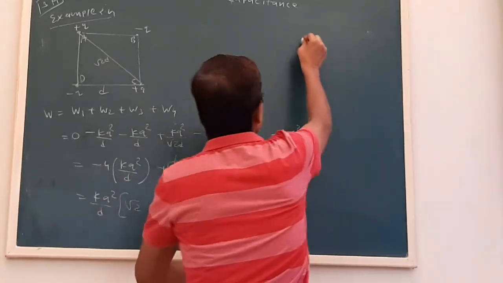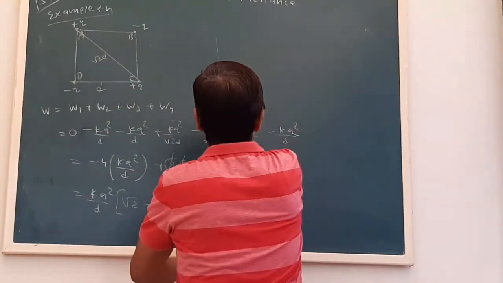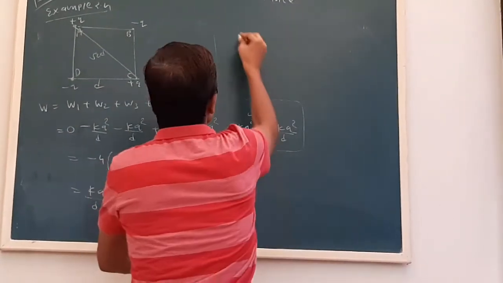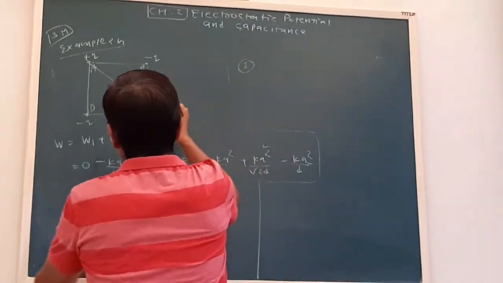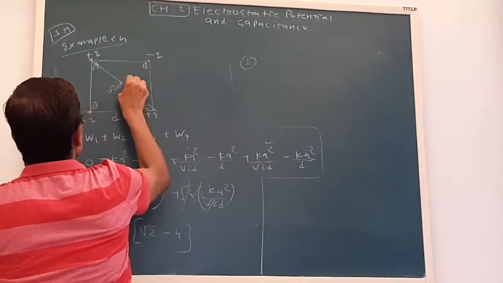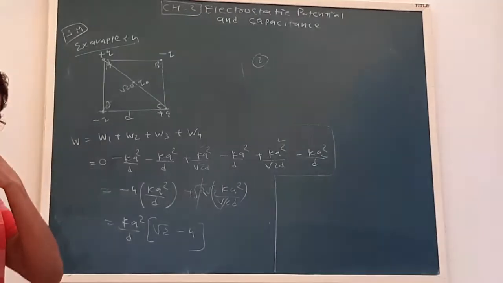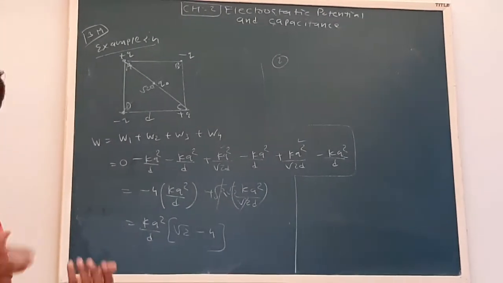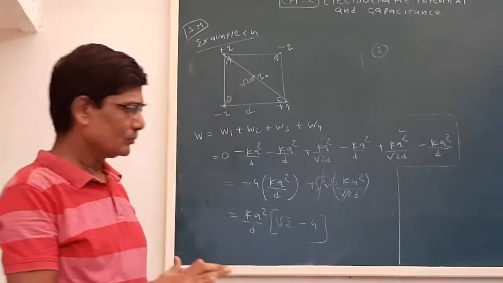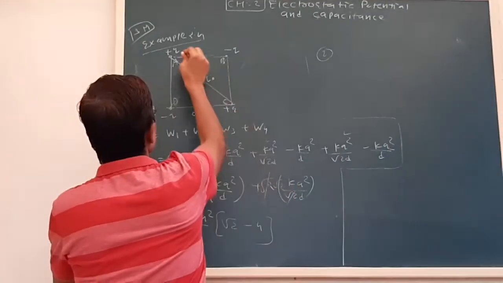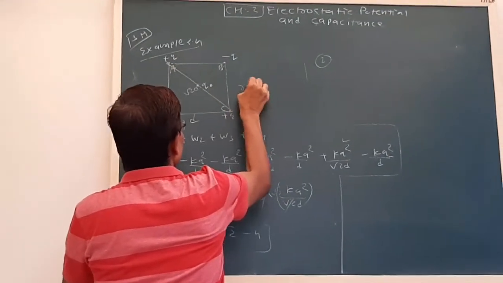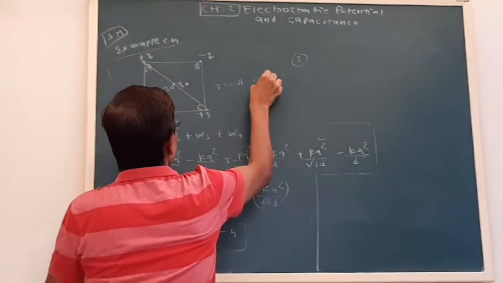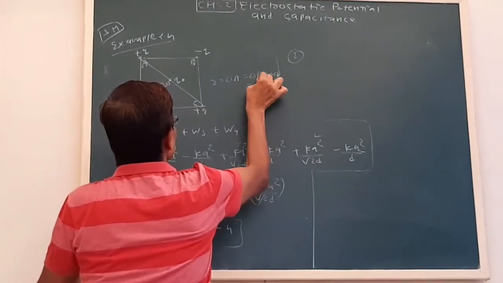Now see the second part of the question. Q0 charge is brought at the center of the square. So what we have to do is first find out the potential. Now let us say the distance R is OA, OB, OC and OD. Why?